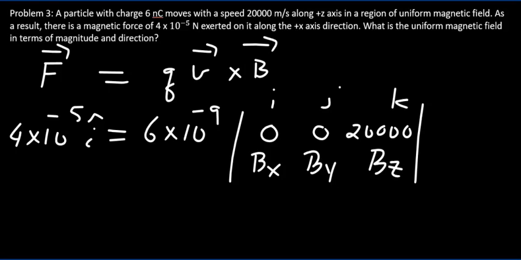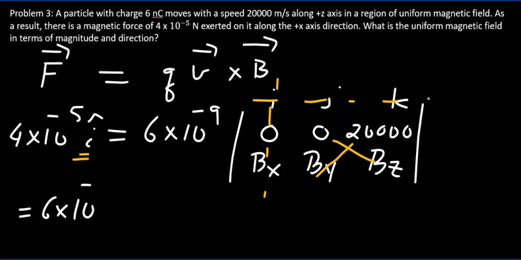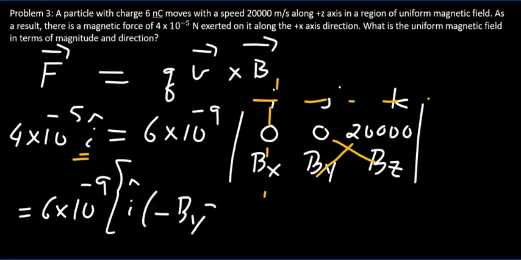Note that the force is purely in I hat direction. So if you look at the I hat direction, crossing out I hat in two mutually perpendicular directions, you see that this times that is 0, minus this times that. So the I hat component is quite simply minus by times 20,000.